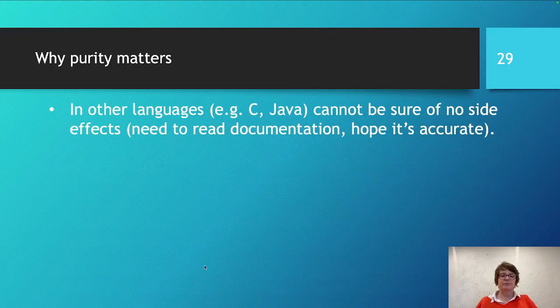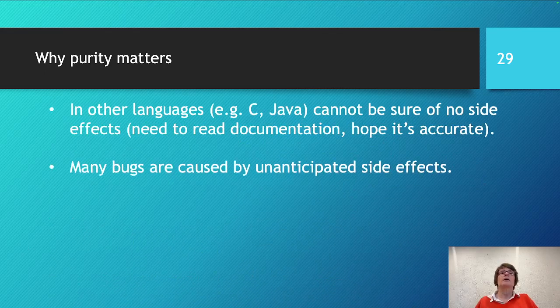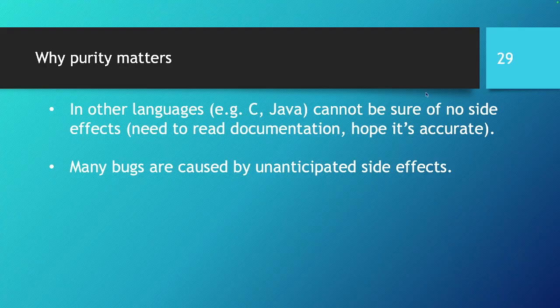Why does it matter? In other languages, we can't be sure of no side effects. We need to read the documentation and hope it's accurate. An awful lot of bugs are caused by this, because if you have side effects, that means it's affecting something else.